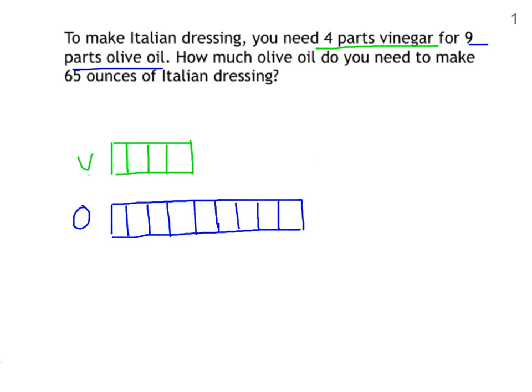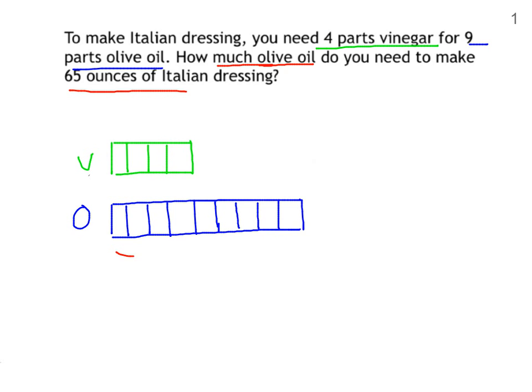Now we're going to take a look at our goal. Let's go back and reread the question. How much olive oil do you need to make 65 ounces of Italian dressing? So I can see in this last part of the problem 2 things. It gives us the information about the total amount of dressing we want to make and what we want to know.